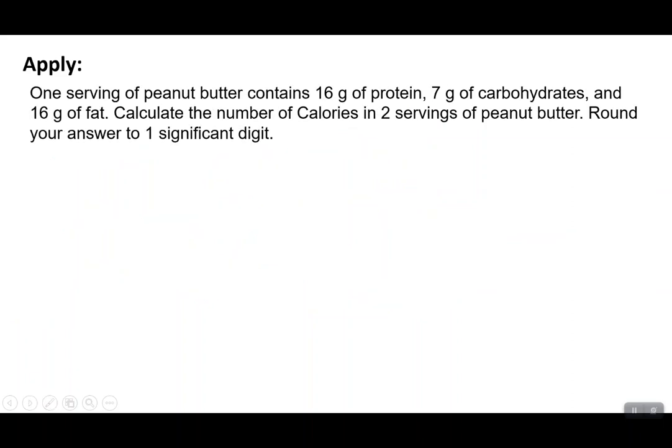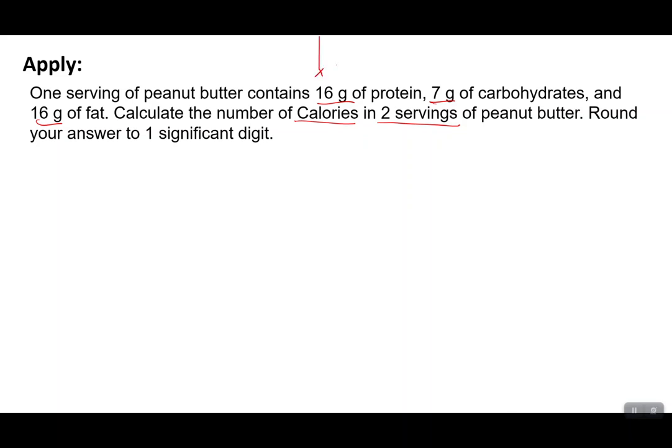All right, let's do the last one. Here we have 1 serving of peanut butter contains 16 grams of protein, 7 of carbs, 16 of fat. Now we want to calculate the number of calories in 2 servings of peanut butter. So that means that I am consuming twice as much protein, carbs, and fat.